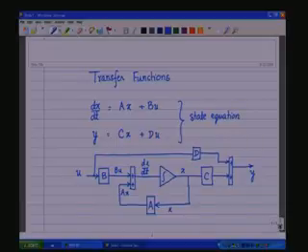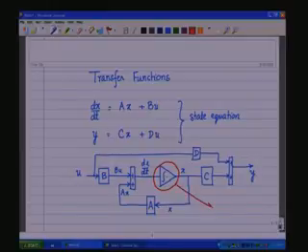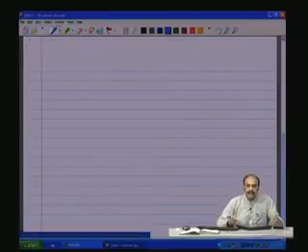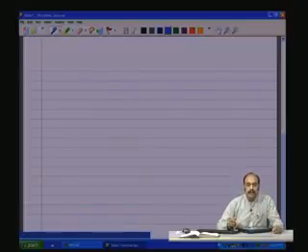What is important to notice here is that there is one integration and two summing blocks. The integration is fundamental to any physical system. Any physical system can be represented as a state equation, and the state equation has one integrator per energy storing element.